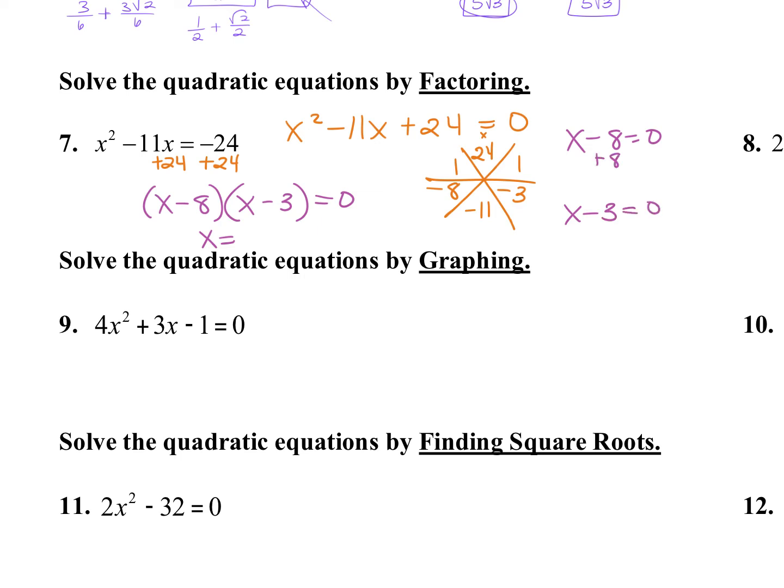So you're just adding 8. So x equals 8, add 3, so x equals 3. So x would equal 8 or 3 for that. If there's no coefficient to the x, it's just the opposite of what you see there, right?